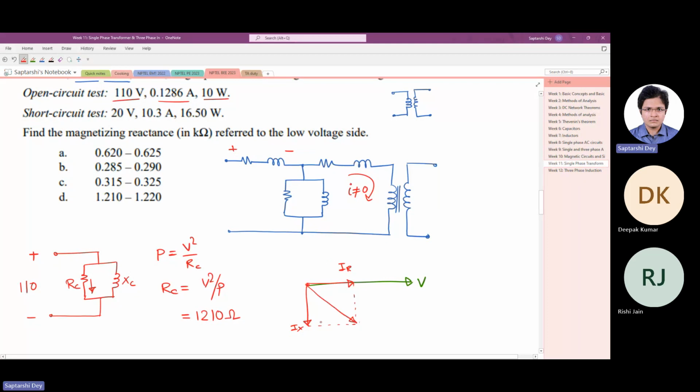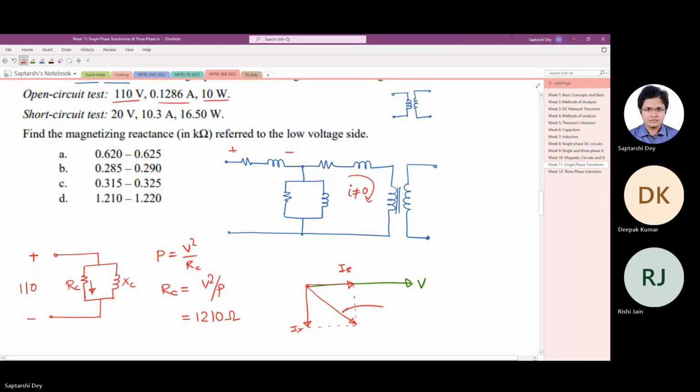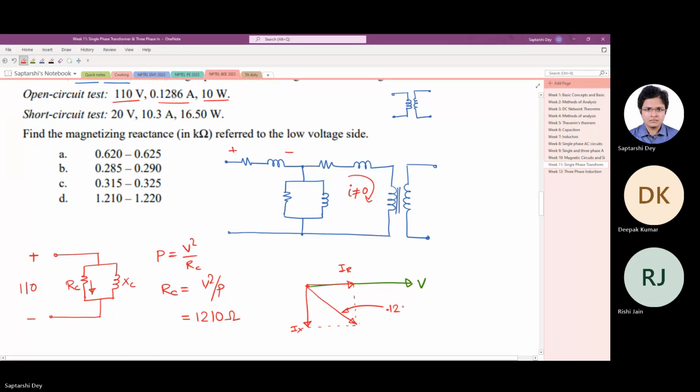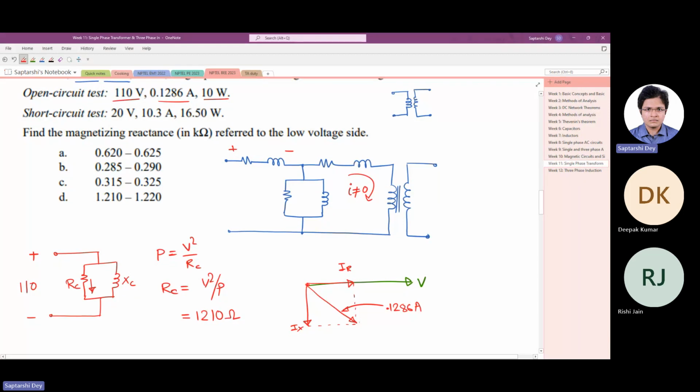So this value is 0.1286 ampere, and since we know the value of RC, we can find out the current flowing through it, which is around 0.09 ampere. Now by Pythagoras theorem you can find out the current through XC, or IX. IX will come out as 0.0909.